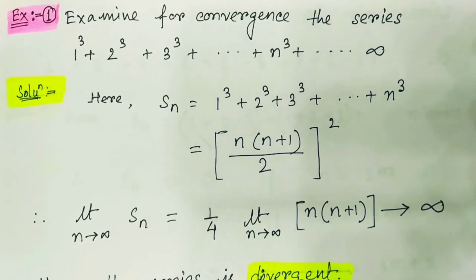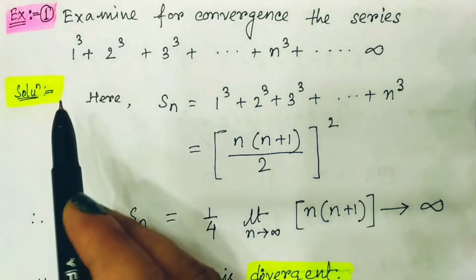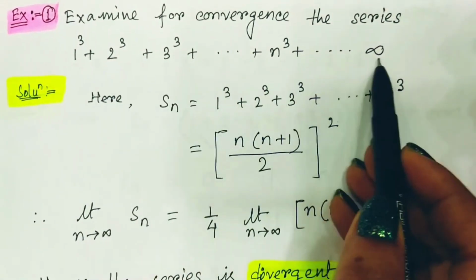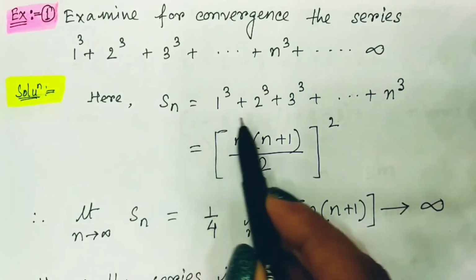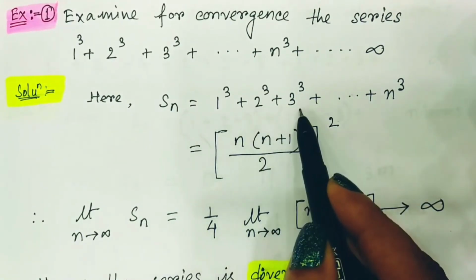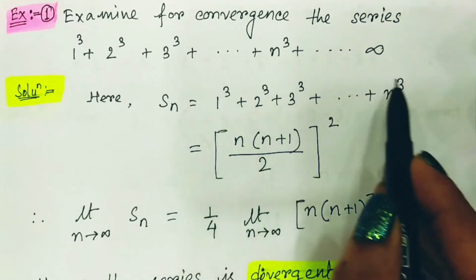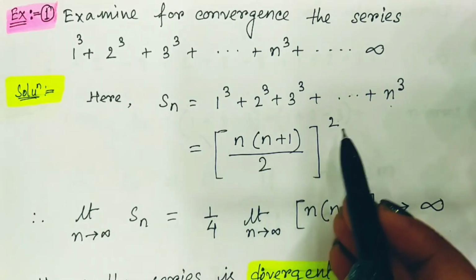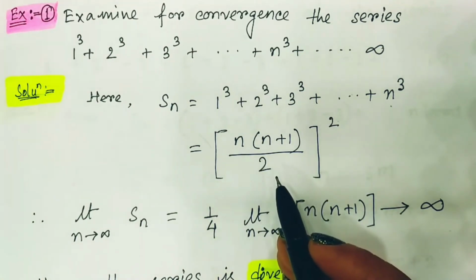So let us verify this with a few examples. The first example: the given series is 1 cube plus 2 cube plus 3 cube, and so on. This is the infinite series. Here Sn, the nth partial sum, is 1 cube plus 2 cube plus 3 cube, in this way up to n cube. We know the summation of this series is n into n plus 1 by 2, whole square. We know its formula, and we derived it in a previous video.